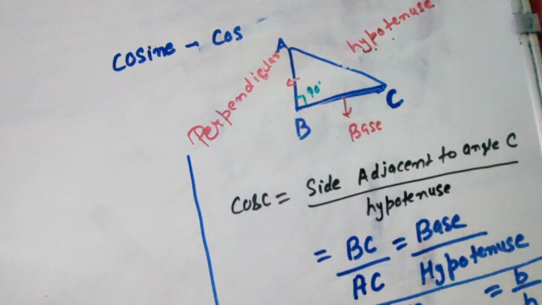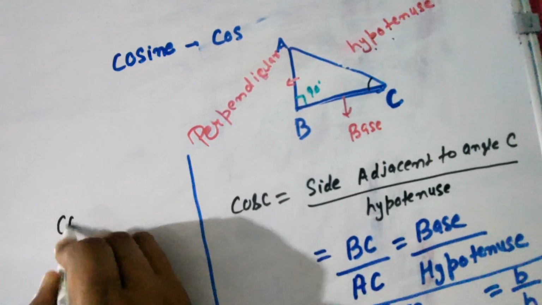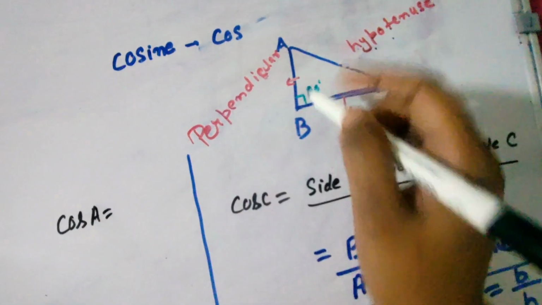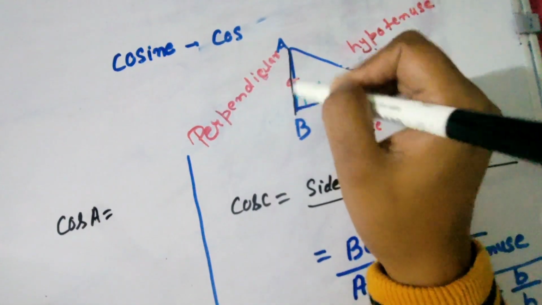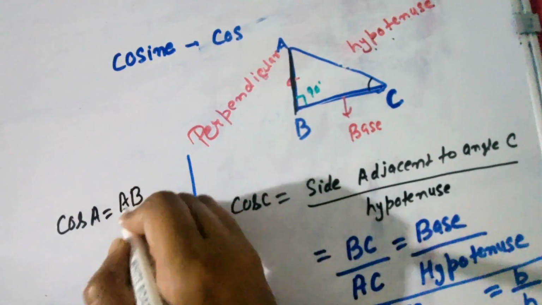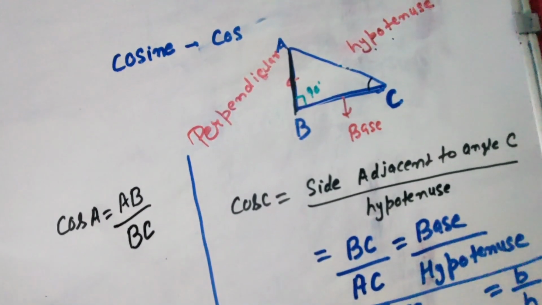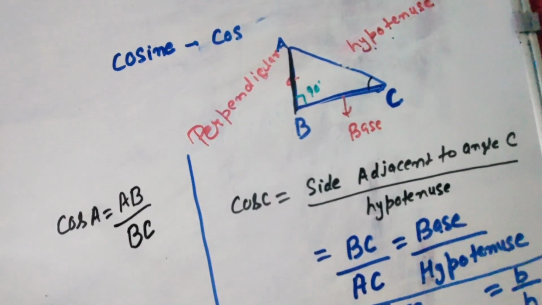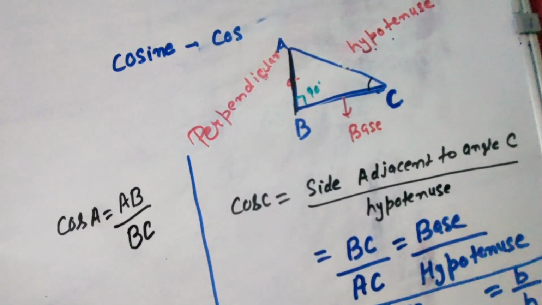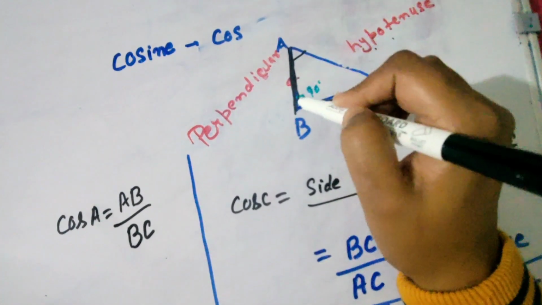If here I change the angle, I found first angle C. Here I change the angle to cos A. Then for cos A, this side is the adjacent side. Okay, means here AB by AC. Means base and perpendicular depend upon the angle. Base is the side adjacent to the angle and perpendicular is just opposite. If you find angle A, this is the perpendicular line and this is the base line.